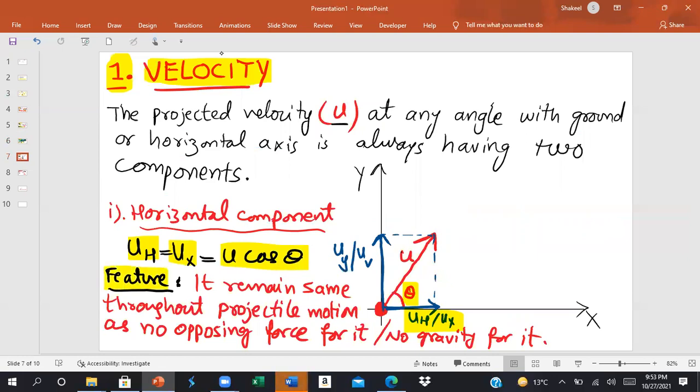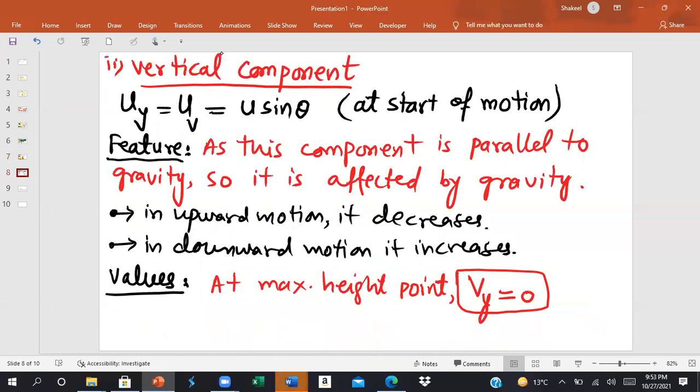So what is the feature of this u cos theta? It remains the same throughout the projectile motion, as no opposing force or gravity is affecting it. So its value will remain the same at all the points during the projectile motion. The second one is the vertical component of the velocity.